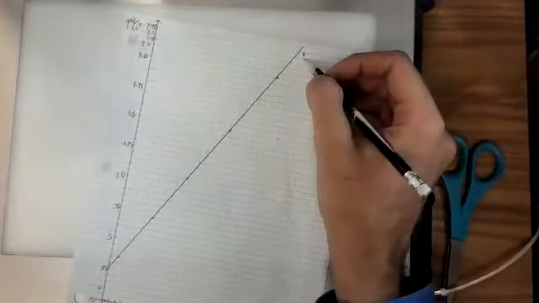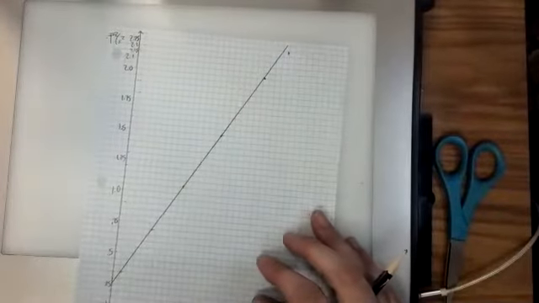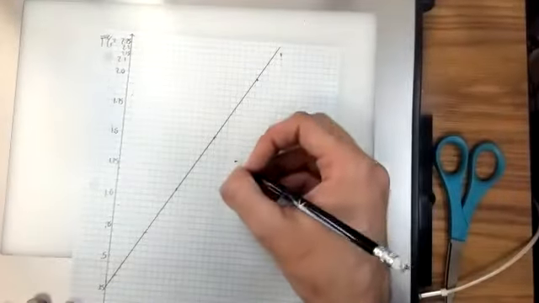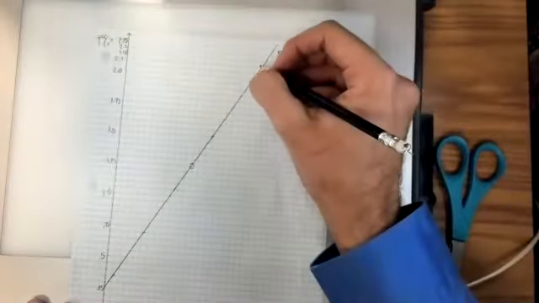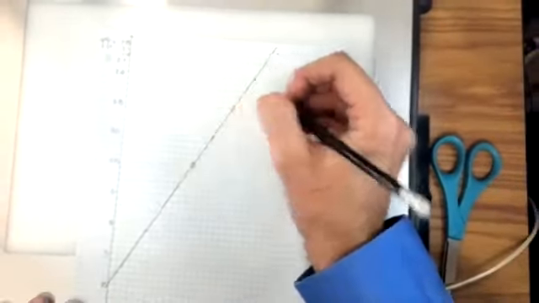I have one point out here that's a little bit below it. Every other point is basically on the best fit line. I could use those data points to calculate, but it's better to find this, so let's use that one. Looks really good.